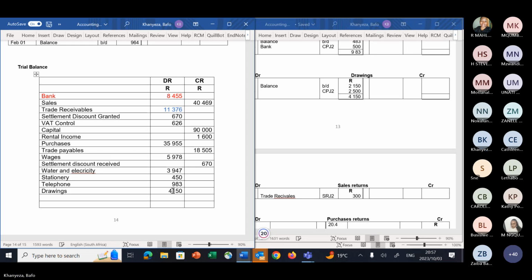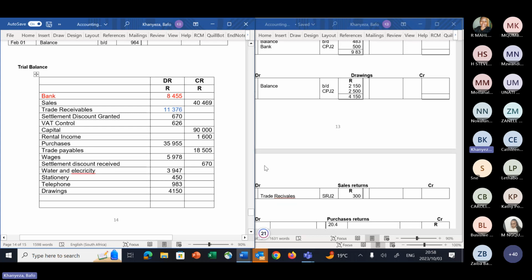No, no, must not. Drawings. You have to check drawings because sometimes I write while talking. I just have to check how much my drawings were. Also, I can see there is a discrepancy.